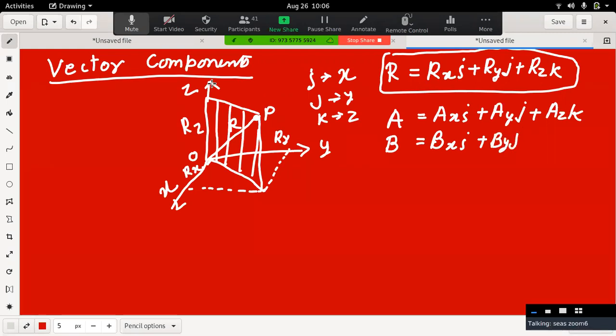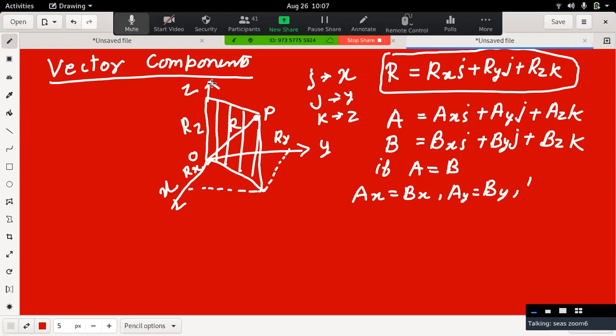So by j plus bz k, and if the value of A is equal to B, it simply means that ax must be equal to bx, ay must be equal to by, and az must be equal to bz.